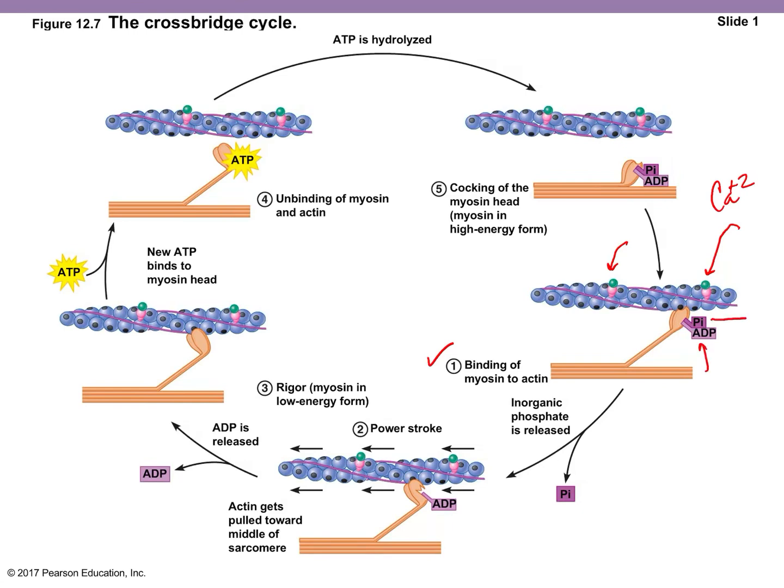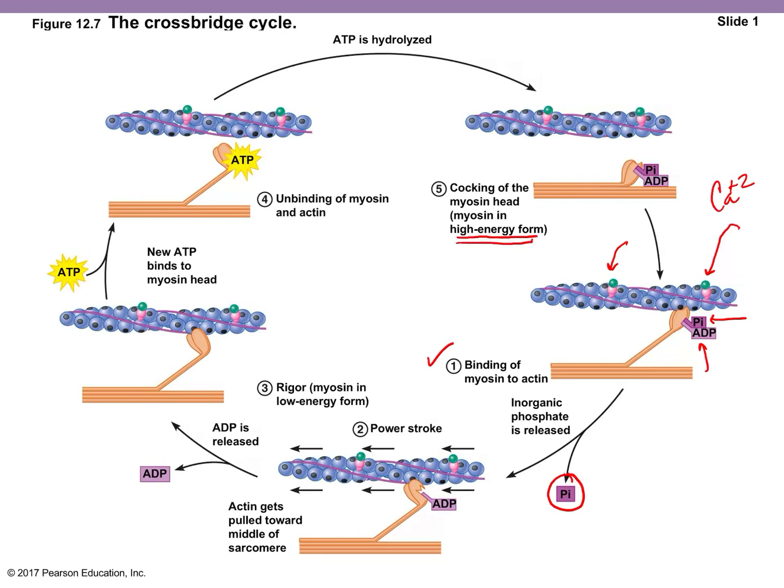And remember, when something is phosphorylated, it's unstable and more likely to react. So just moving back a second, this is a high energy form.